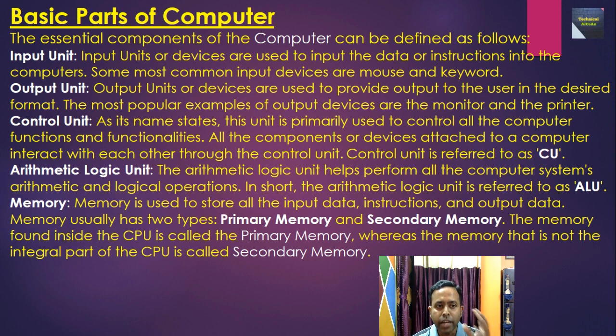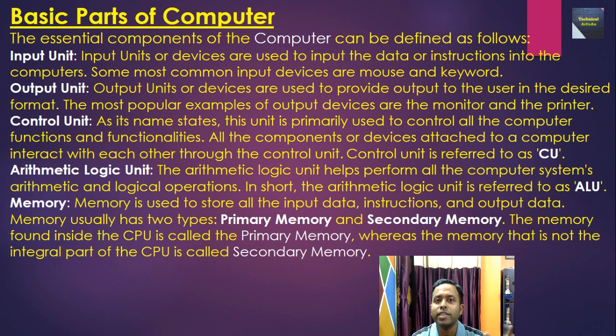Control unit and arithmetic logic unit, these two combined are known as CPU, central processing unit, where the control unit does the controlling part, meaning sending and receiving data from different parts of your computer, and the arithmetic logic unit does the arithmetic and logical operations.